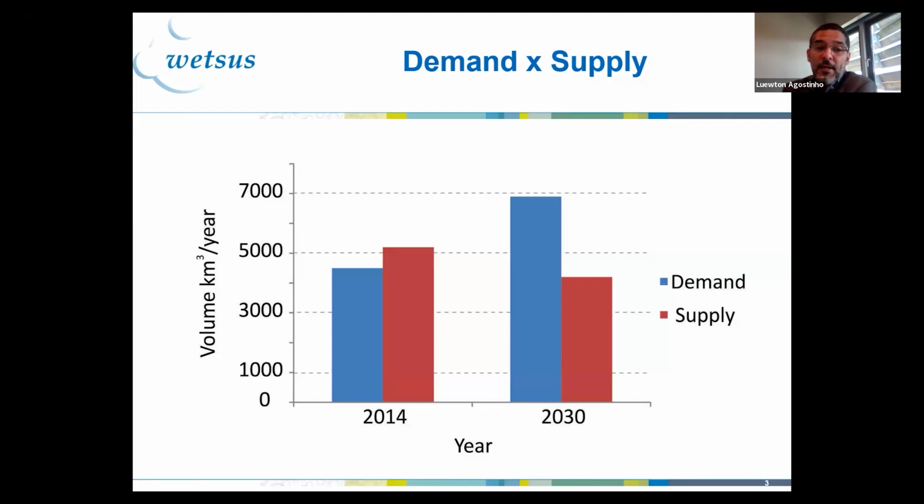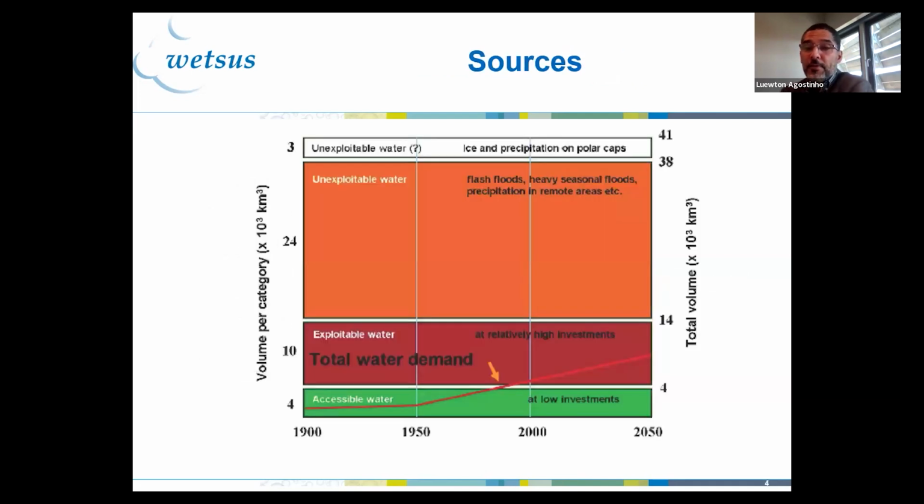In 2014, our demand was already quite close to our supply, in the sense of how much water we need and how much water we can deliver. And in 2030, the prediction is that our demand is at least 30% more. So we need, in general, 30% more water than we can provide in average for the planet.